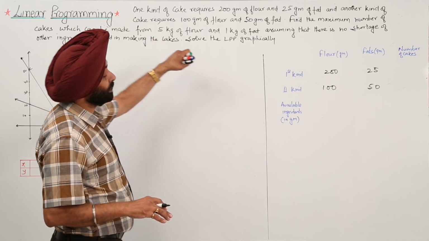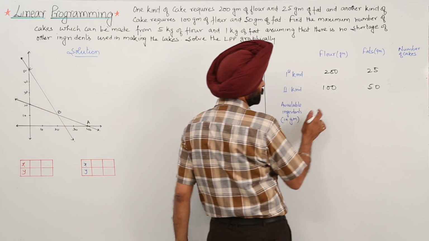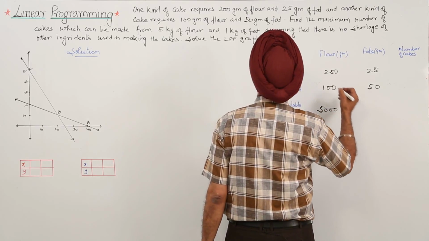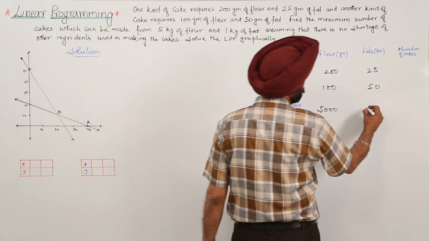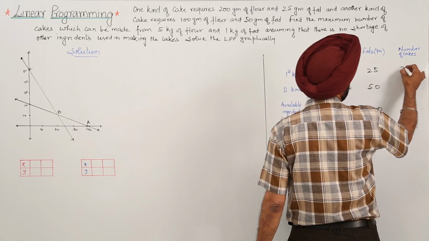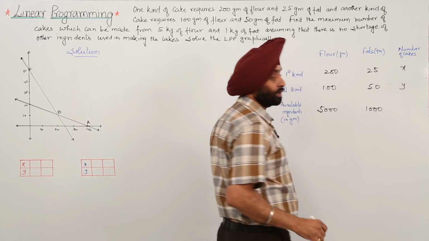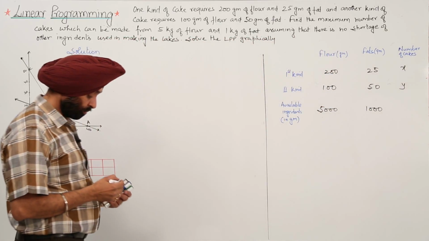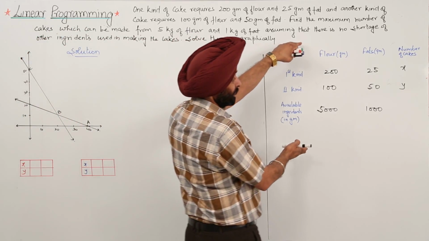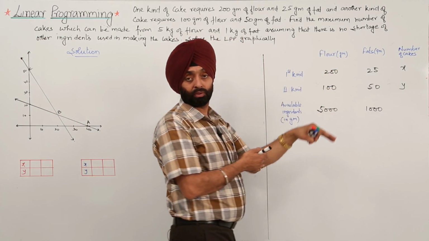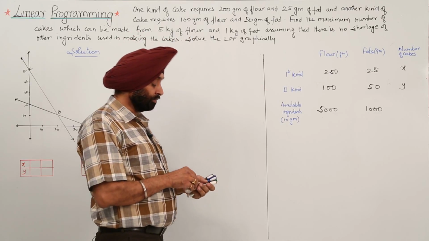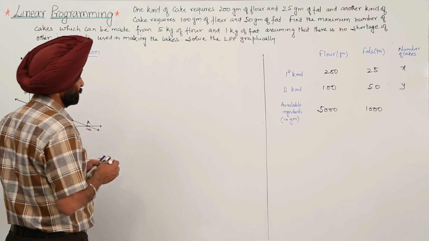They have given us 5 kilograms of flour, so converting in grams, this becomes 5000 grams, and the fat is 1 kilogram, so this becomes 1000 grams. The numbers of cakes we are going to make are X and Y. If you can make this type of rough sketch for the question, then this becomes a very interesting part, and very easy also. Now let's start it.